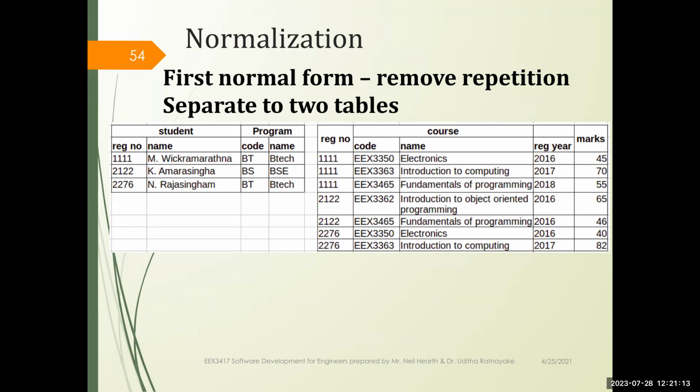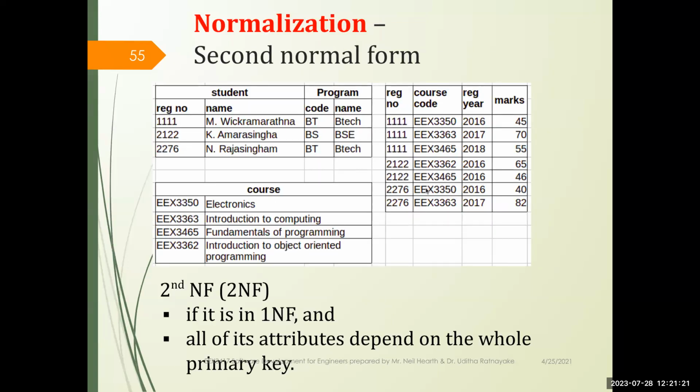Now we can take this to a separate file, and for course code, we get the course code separately, and these to a separate table. The student, we take as a separate table, and then we combine these using registration number and the course code, registered year, marks.